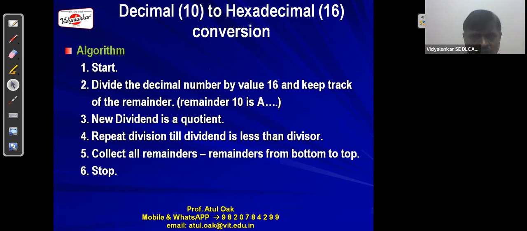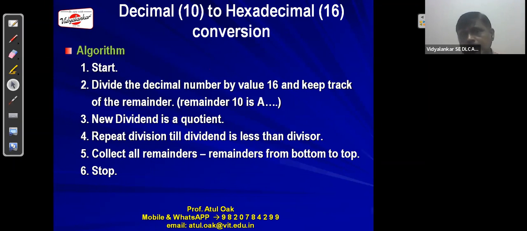That's the extra work, or thought, involved in this conversion. Otherwise it is division. Generate remainders, all remainders form your answer, and all quotients you will go on changing.